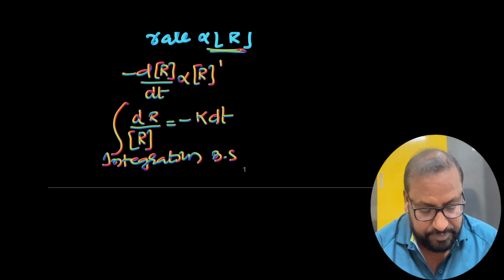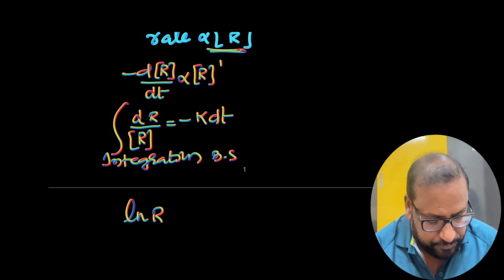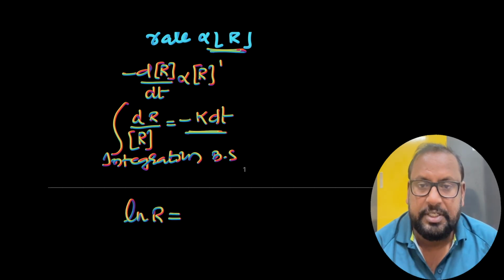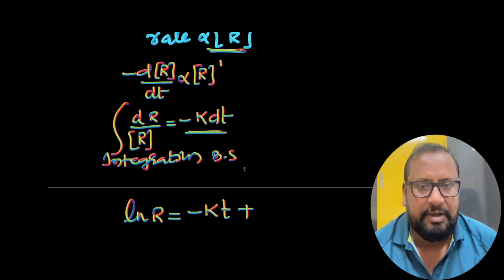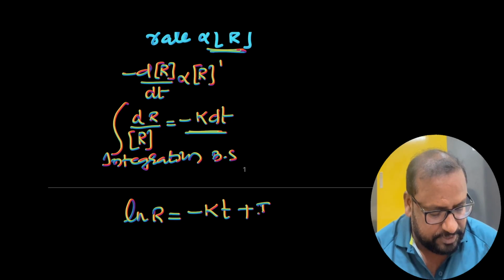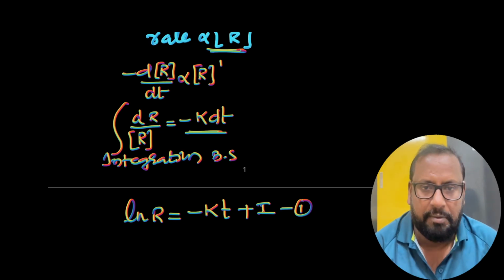The integration of dR by R is ln R, which equals the integration of minus k dt, so minus kt plus a constant of integration, I. Let us call this equation 1.